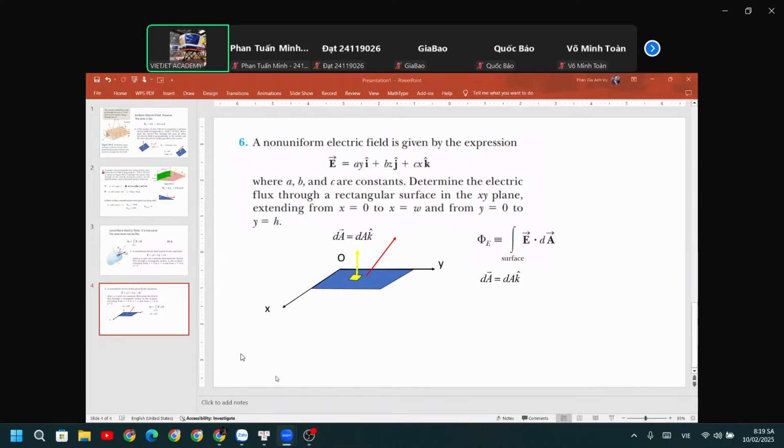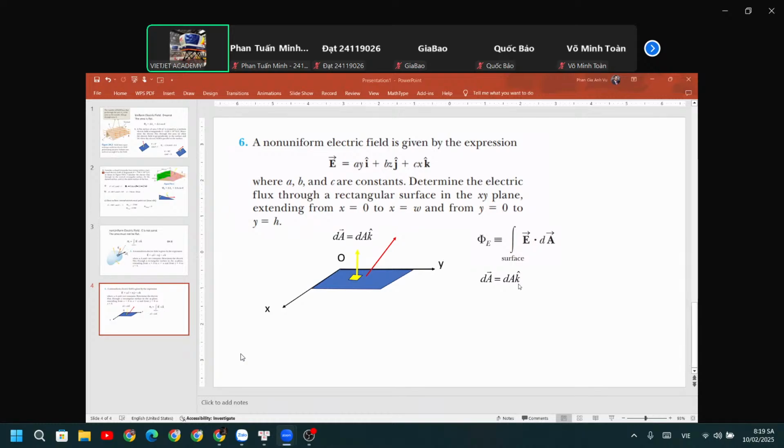Hello. Are you still there? Yes. Yeah, do you understand that? The dA vector equal to dA times K. dA is the area, the yellow area here.